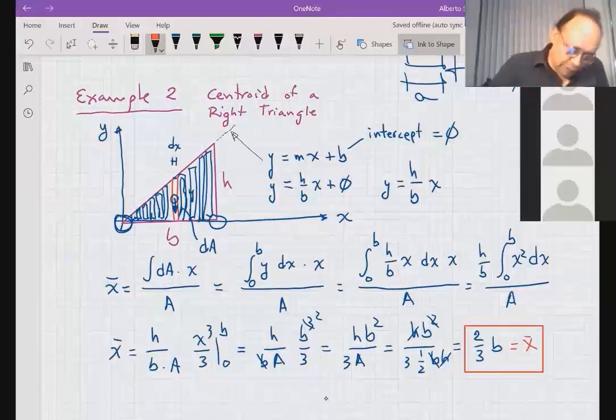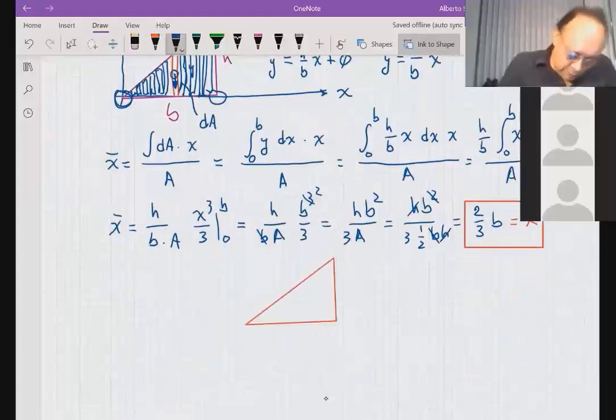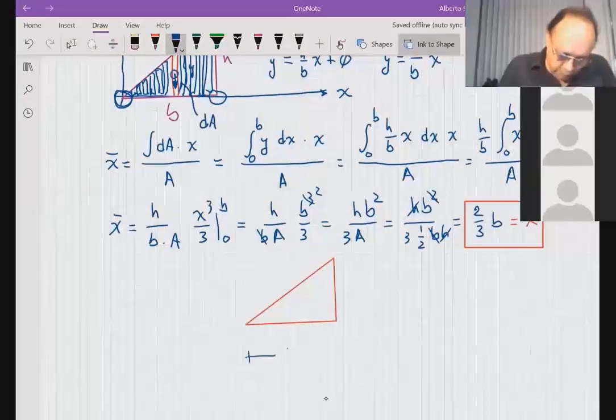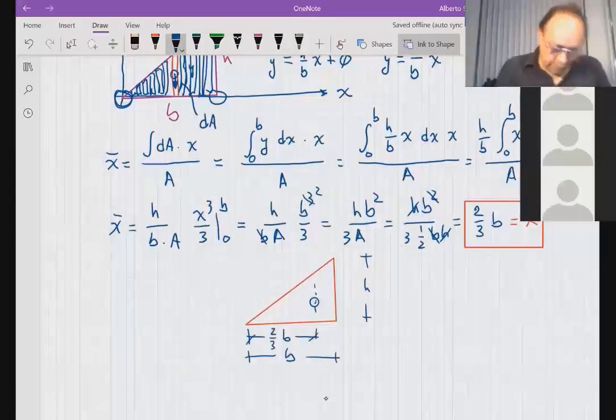Let me put it here like a summary. So we have our triangle. This distance is b. This distance is h. The center of gravity is somewhere here along this line, where this distance is 2/3 of b. How high here? What will be this height?